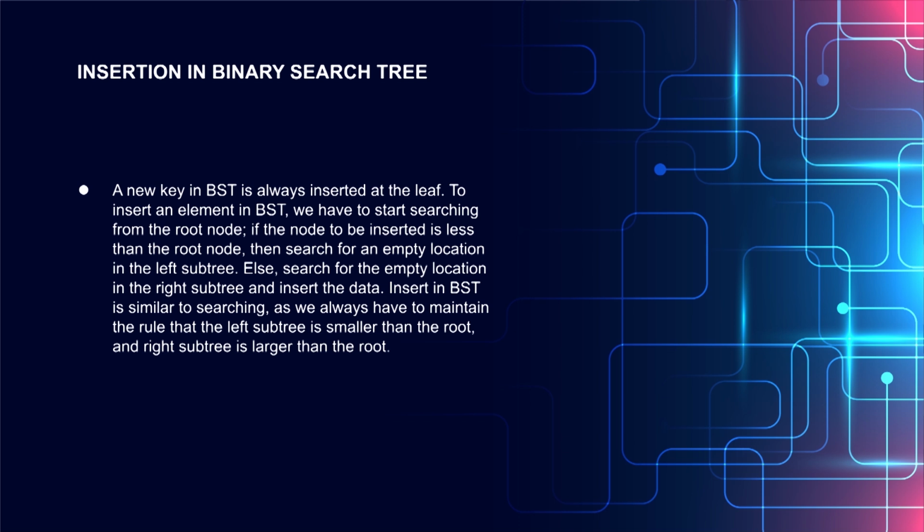Insertion in a binary search tree is similar to searching, as we always have to maintain the rule that the left subtree is smaller than the root node and the right subtree is larger than the root node. Now, let us see the process of inserting a node into a binary search tree using an example.